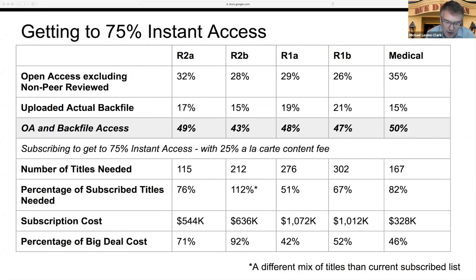But you can see at the bottom, the number that probably matters the most: what percentage of the big deal cost would you be paying to get to your desired instant access, in this case, 75%. And 92% and 71% for the R2s might be getting to the point where the value of canceling the big deal and moving to title by title doesn't really come into play when you consider how much access you're going to lose, compared to the R1s and the medical school, where it might be a better decision.